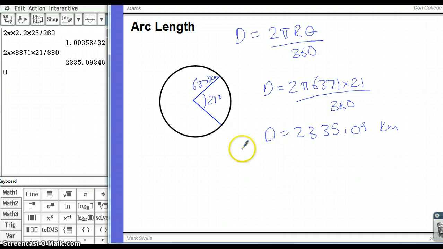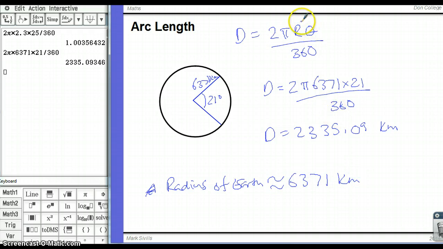Now, you may think it odd, or may not have thought it odd at all, that I picked this value here, 6,371 kilometers. Well, I picked that value because the radius of the Earth is approximately 6,371 kilometers.